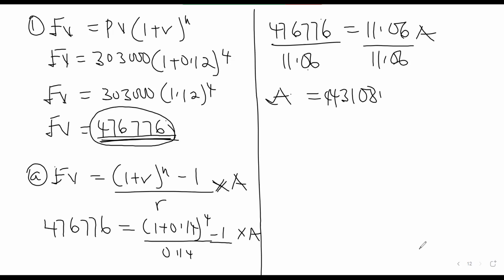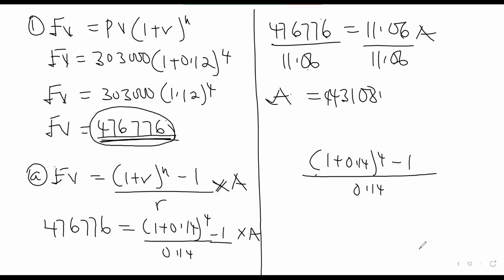I'm getting 4.921144. This is supposed to be 1 plus 0.14 exponent 4, minus 1, divided by 0.14.